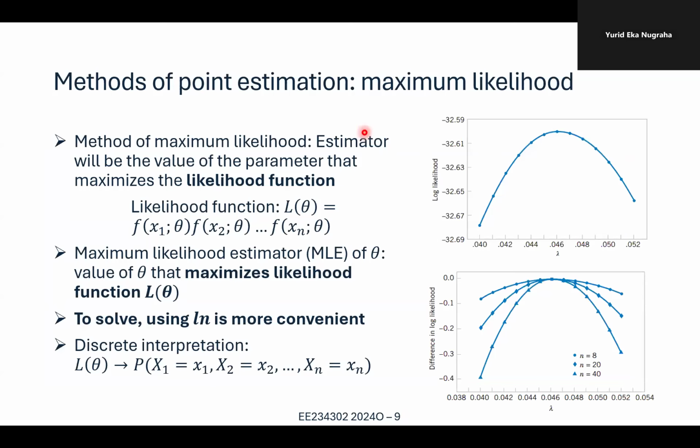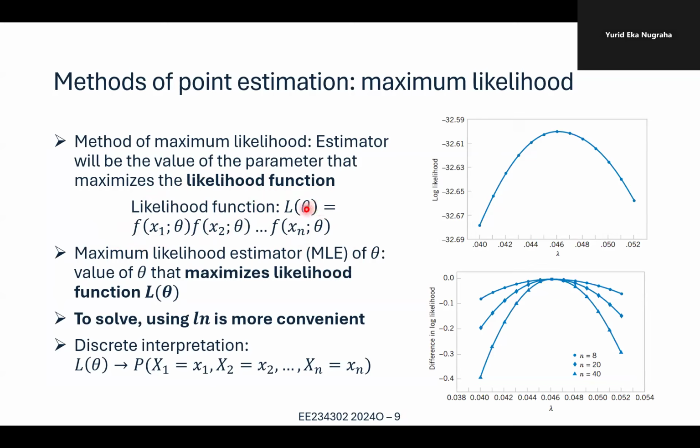All right, the second method of obtaining the point estimation is the maximum likelihood, also called MLE, the maximum likelihood estimator. The estimator is the value of the parameter that maximizes the likelihood function.